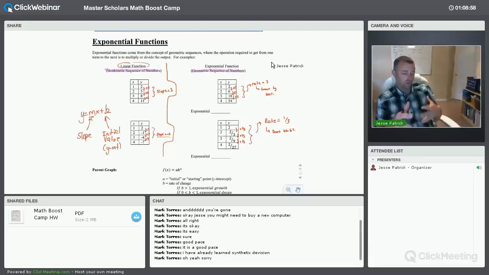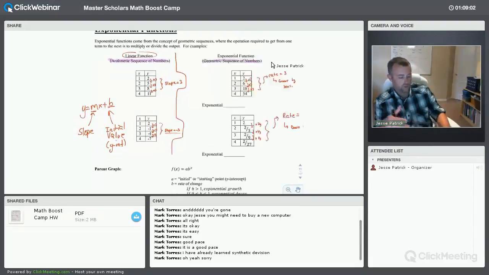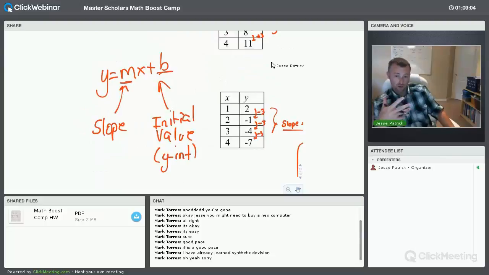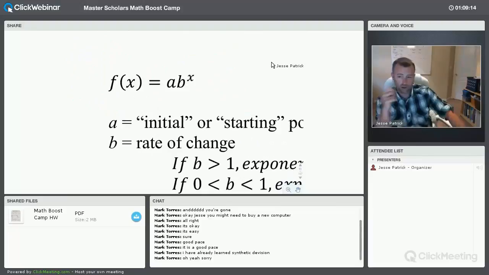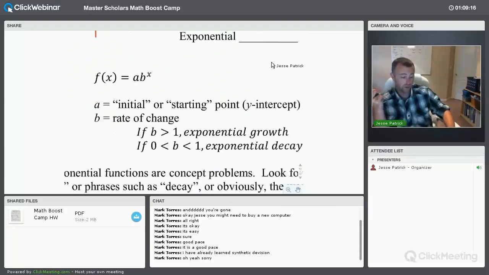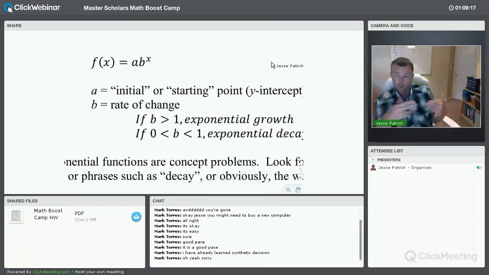But the concept I'm trying to talk about right here is you have slope-intercept form, which comes from arithmetic sequences, where you have a constant slope, which is how much you're going up or down by adding or subtracting a number. And you have that initial value. Here is your exponential form. It has the same parts to it. A, which is, in this case, your y-intercept or starting point, is going to be one of your terms.